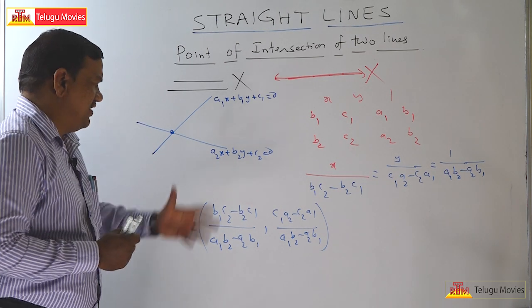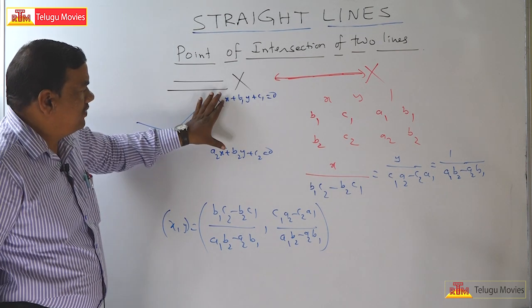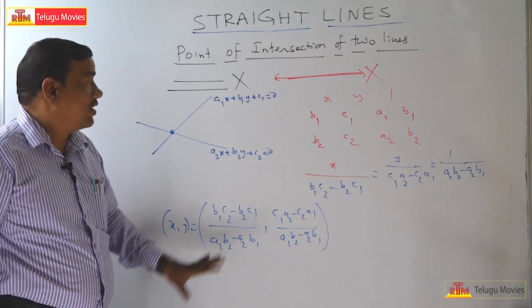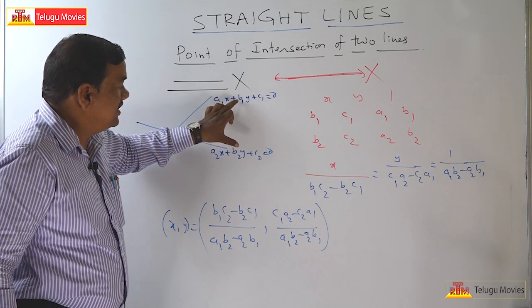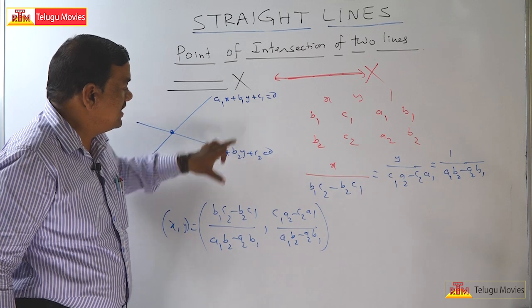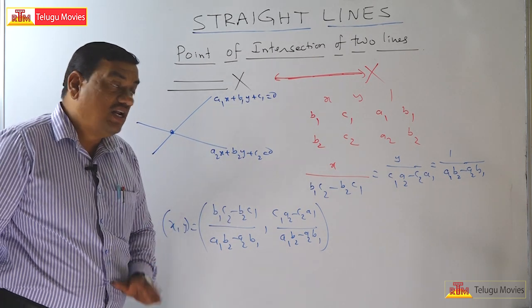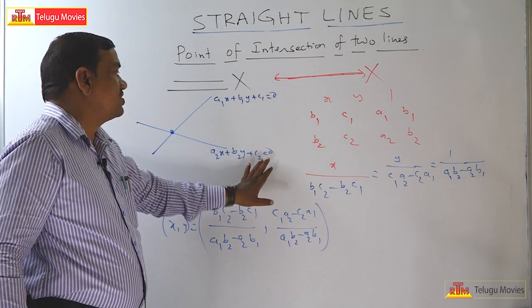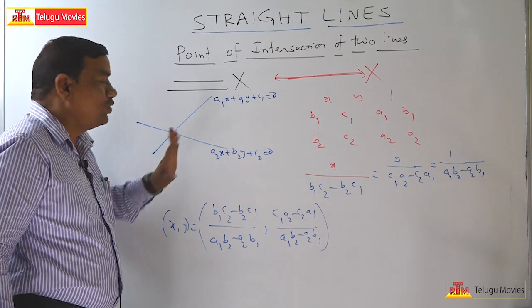Okay, now. Very nice concept this is, simply. So, if you want to find the x coordinate, close the x terms here. See here B1 C2 minus B2 C1, that will be in the numerator. For the denominator, always close the constant term: A1 B2 minus A2 B1.